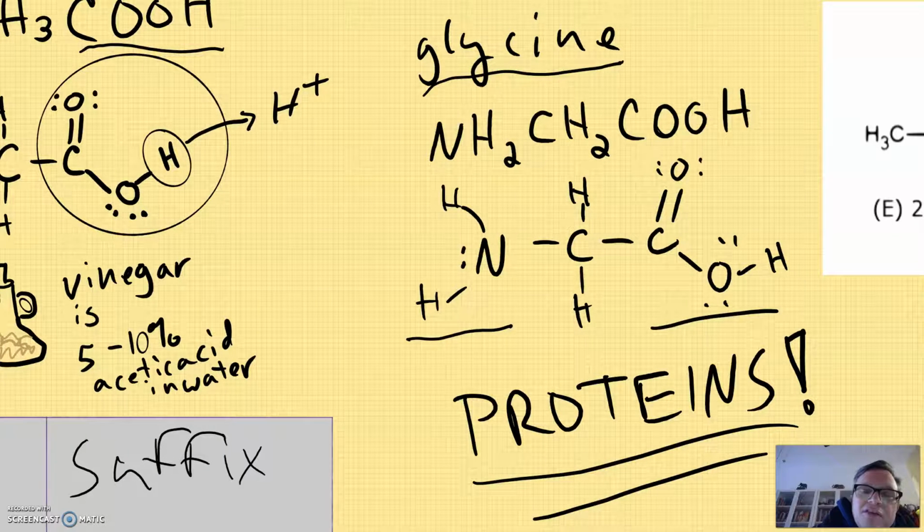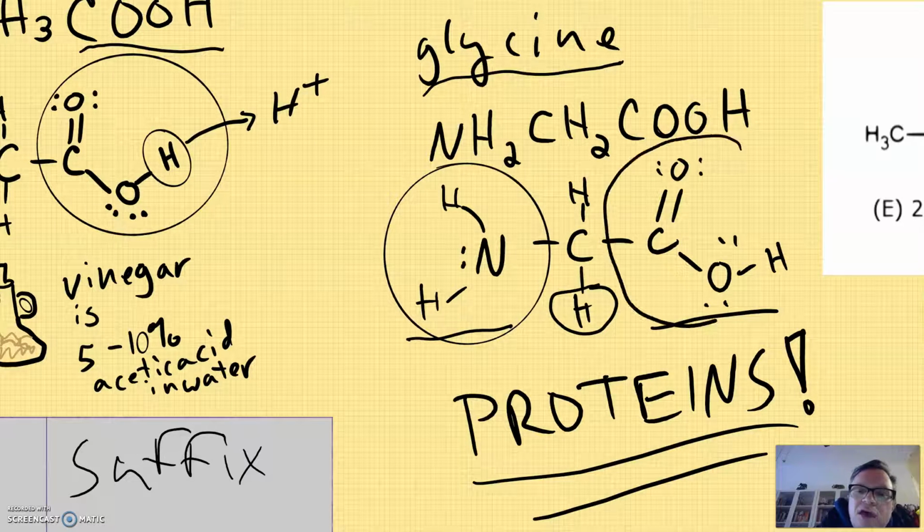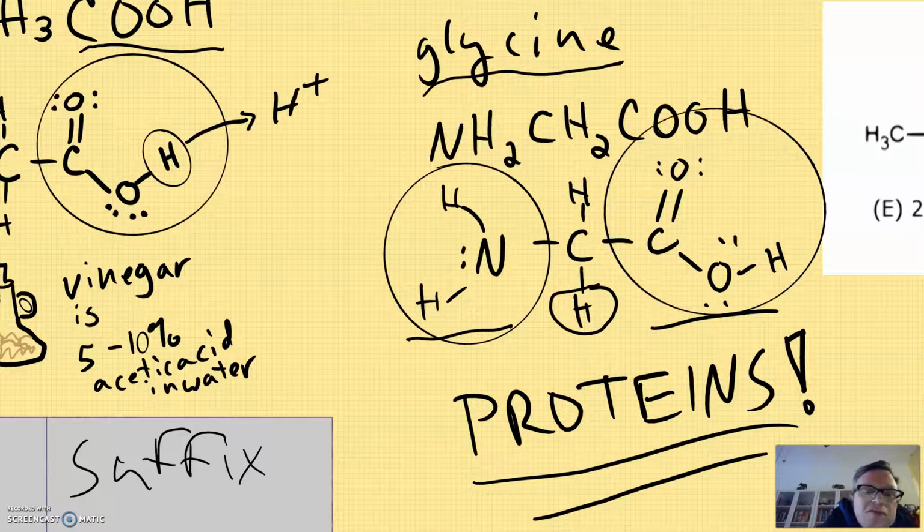This is the base structure for all the amino acids. One of the hydrogens is usually replaced with another functional group of different complexity, but glycine is, like I said, the simplest one. And so they're called amino acids because of the amine group and the carboxyl group, which makes them actually neutral because they have both a base and an acid group in them.